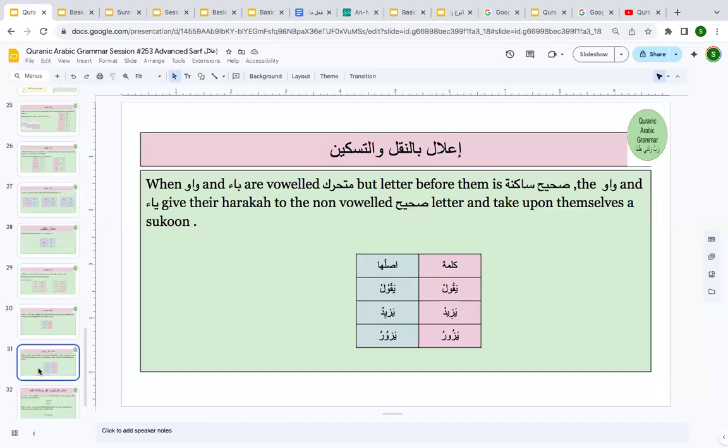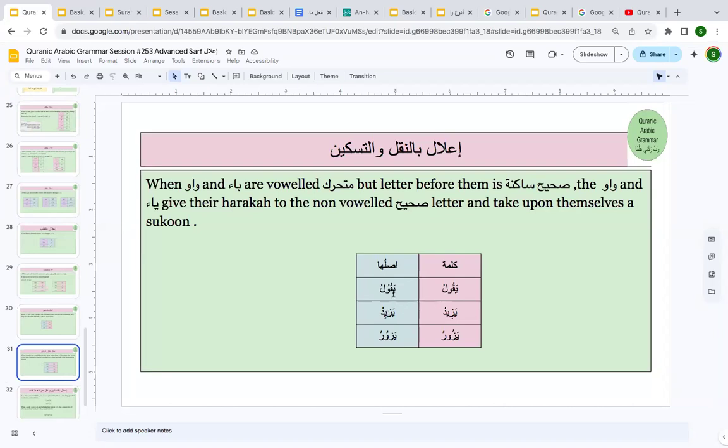So the haraka, the yakvulu, whenever there is a waw and a ya, and the letter before the waw and ya is a sahih letter, and it is sakin, ya and waw become very generous. They give their haraka to the letter before them. They give their haraka to a sahih letter and take upon themselves a sakoon.